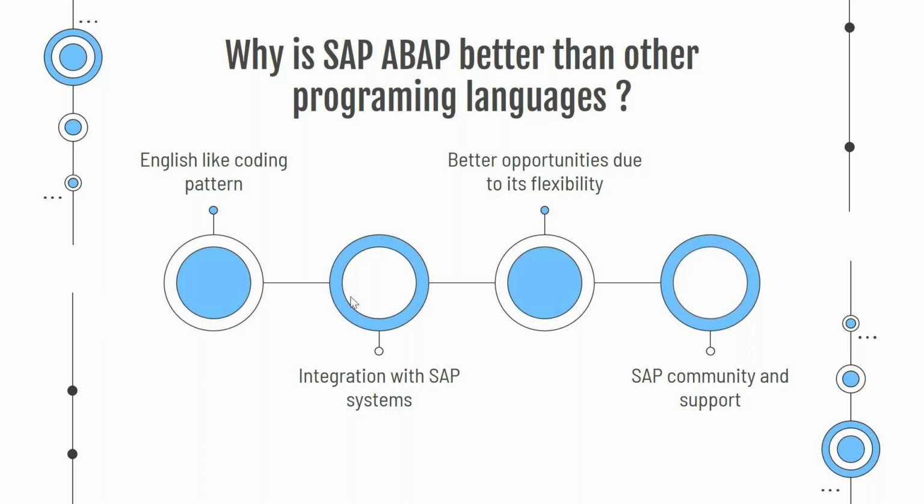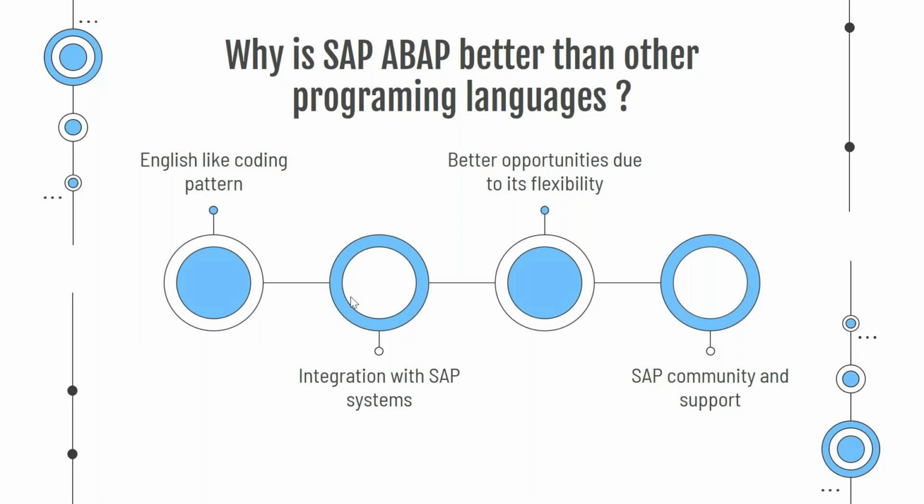Okay, finally, we have SAP community and support. So SAP Community and Support is a web portal that is available, under which there are ex-employees or current employees who have been working in SAP for many years, 20 plus years.